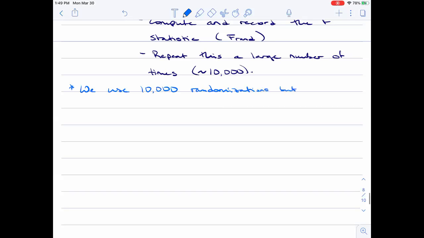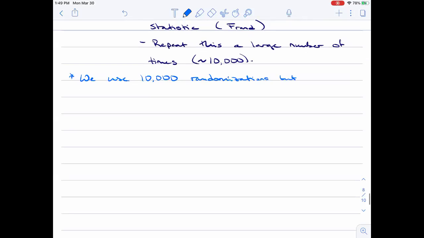but in theory, we could consider all possible assignments of all our observations to all the different groups.